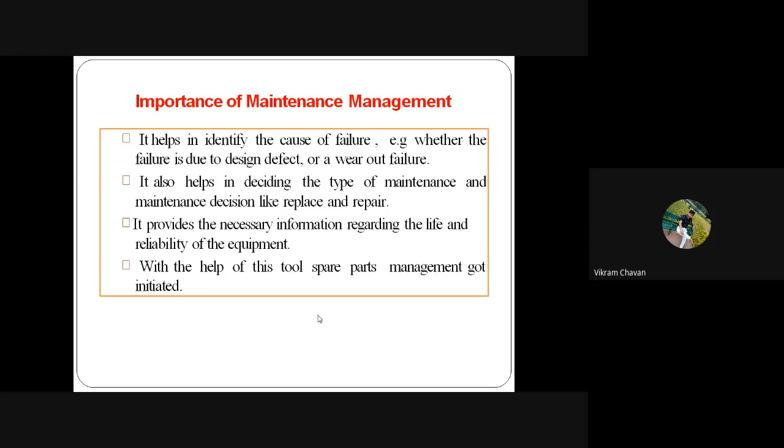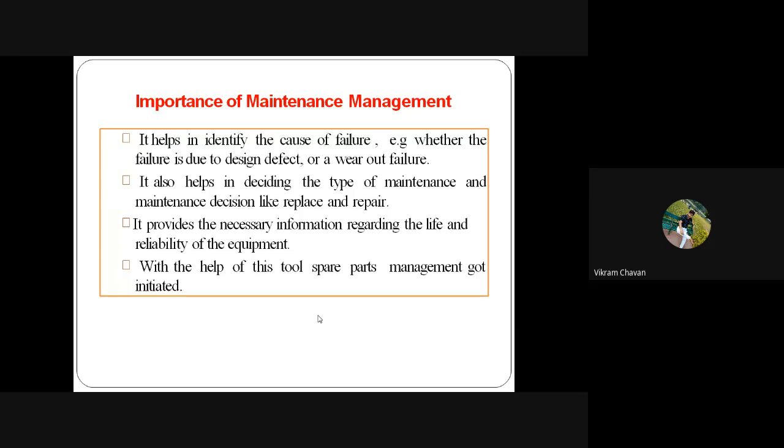So this data will be useful to perform the maintenance also, and to get the information on whether this machine has that much capacity to work for a defined timeline. Then with the help of the tools, spare parts management is initiated.